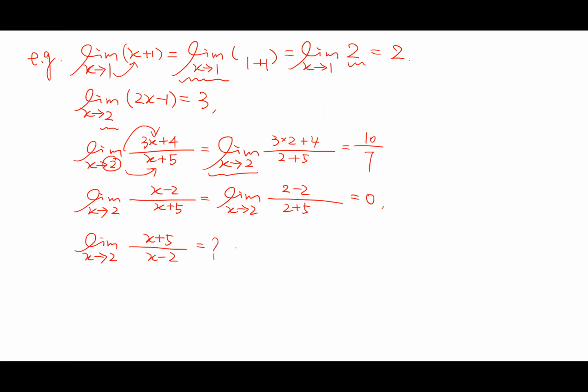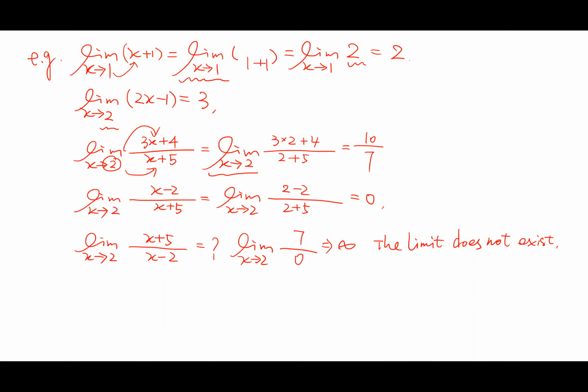We substitute, as x approaches 2, that is 7 over 0, right? So now we know that must be infinity. So that means the limit is infinite, it does not exist, right?